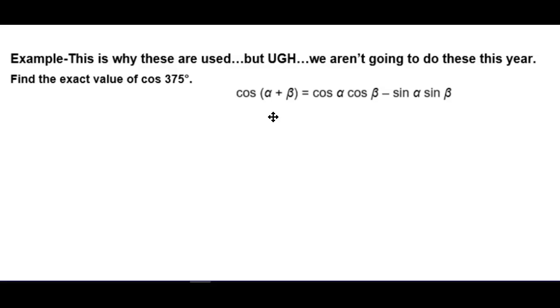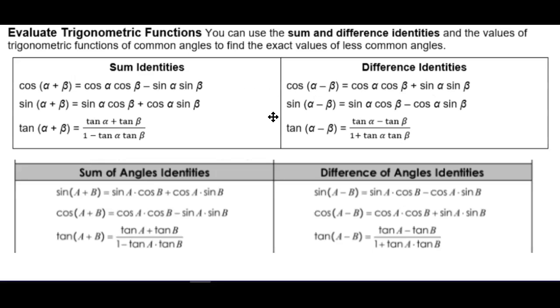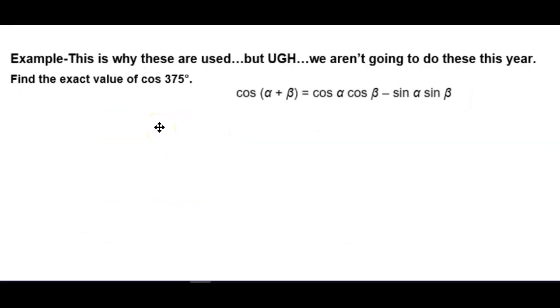Now, why we have to learn these: it used to be that without a calculator, you could only evaluate certain functions by adding and combining different values. So I'm going to show you a crazy one. You don't have to do these, but this is what we used to have to do. When you had 375, you would say, well, that's 330 and another 45.